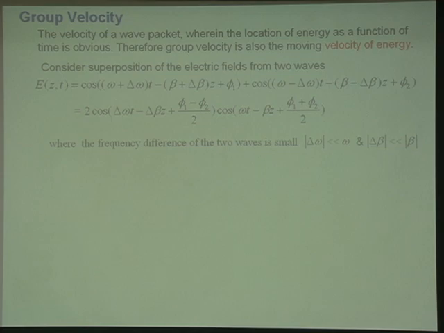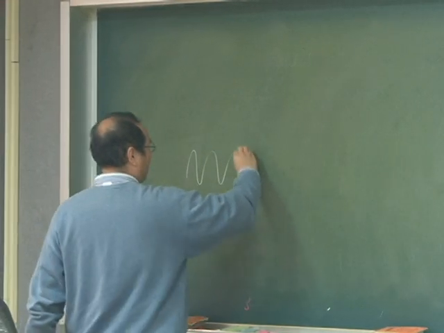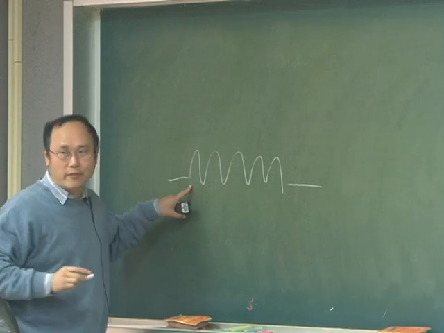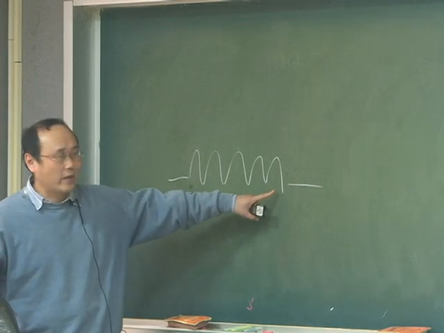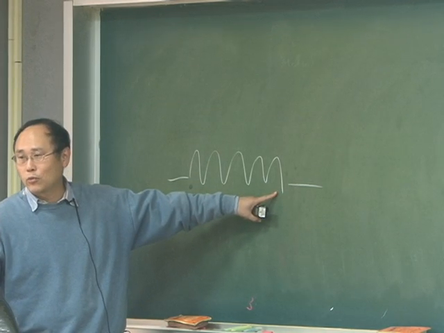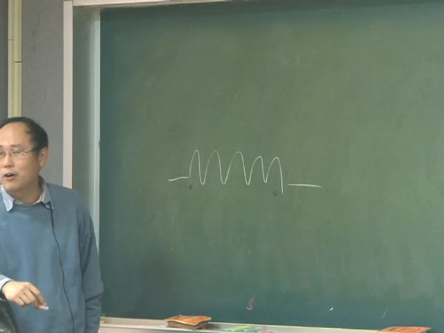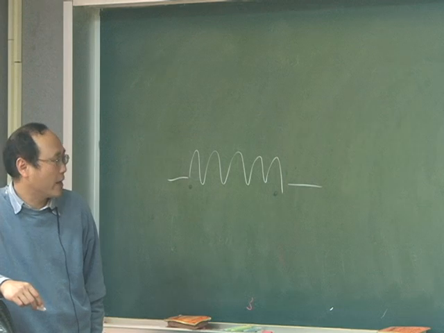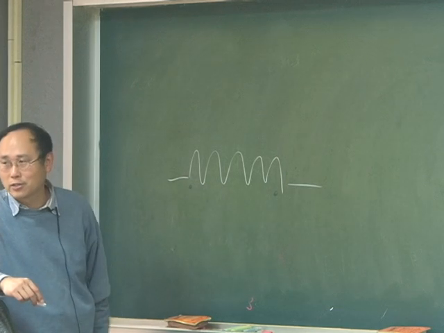So if you have a starting point and an ending point, then we can measure the speed of the energy. And it turns out that the speed of energy is different from the phase velocity.